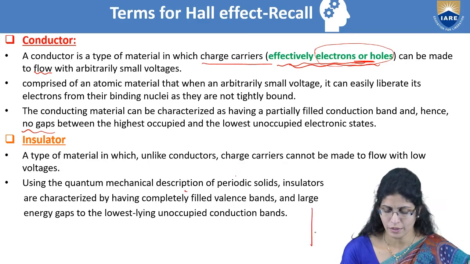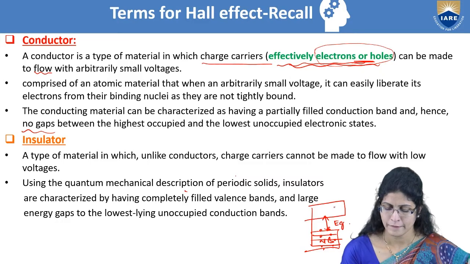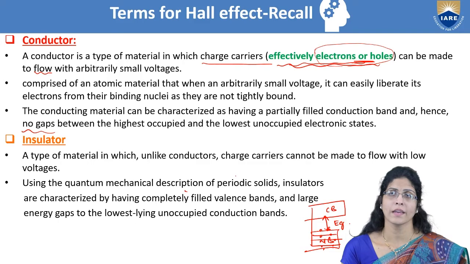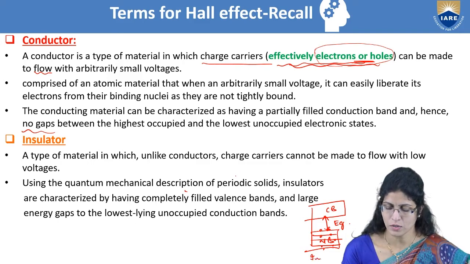If you look into it, this is the valence band which is completely filled, and there is a large energy gap, and the conduction band is unoccupied. This is the difference. This is the insulator.